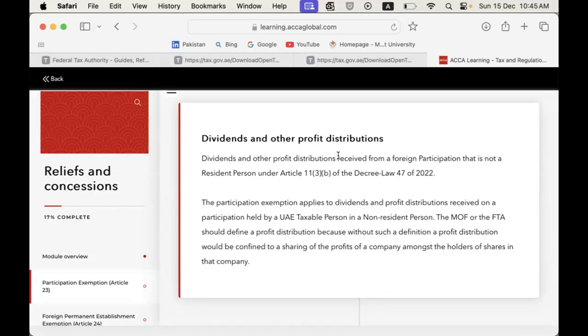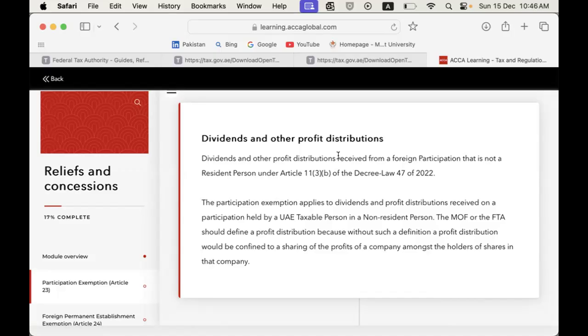You would first of all need to go into the notes to the financial statement, and you would have to look at the breakup of that dividend income. In that dividend income, you will find that some of the dividend was received from foreign companies, right? So what will you look at when you look at those dividends that were received from foreign companies?